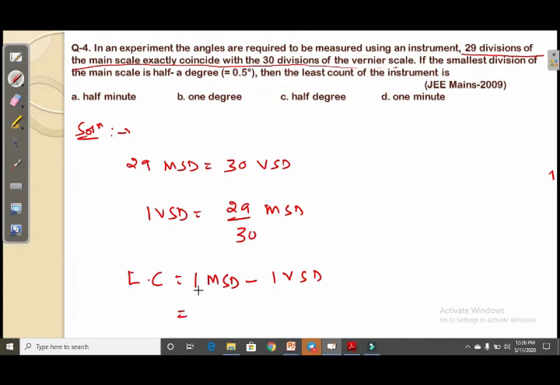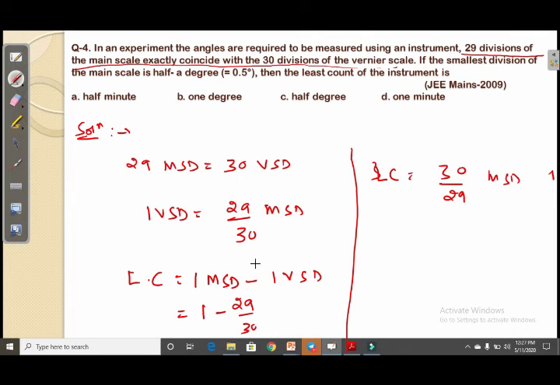So that is 1 MSD minus 1 VSD, which is 29 by 30. Okay, take LCM 30, sorry, LC is equal to 30 by 29 main scale division.